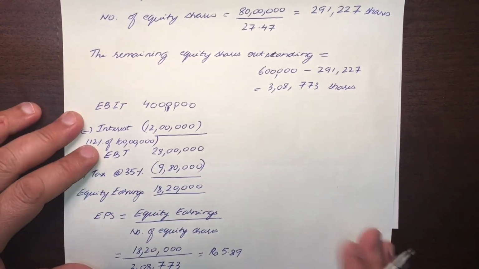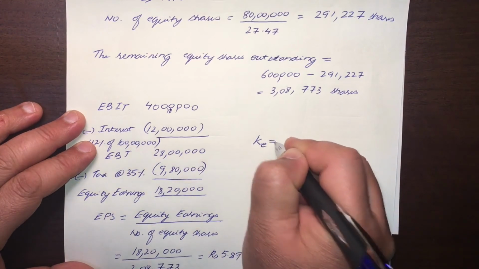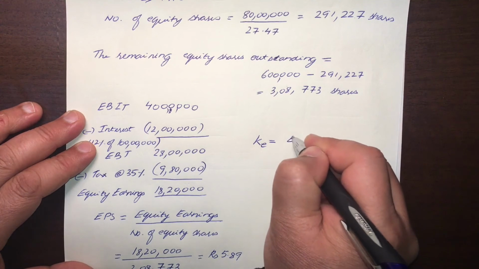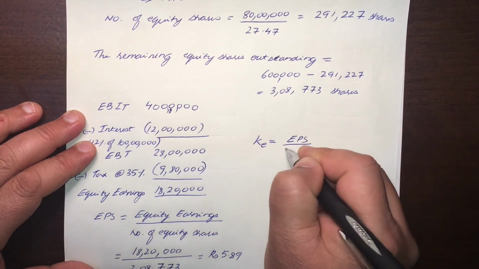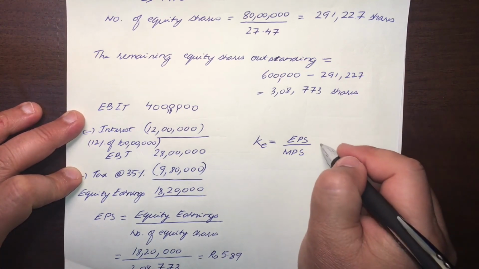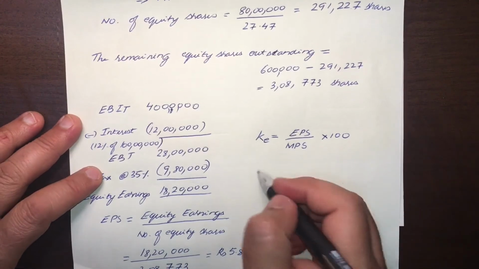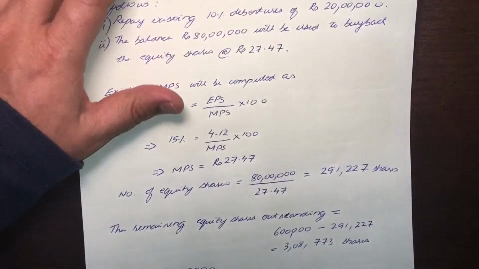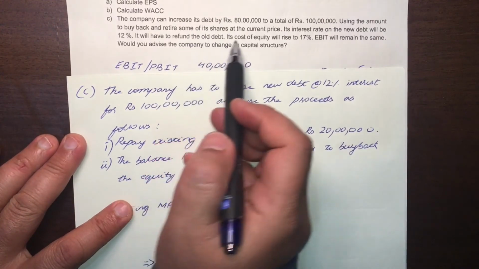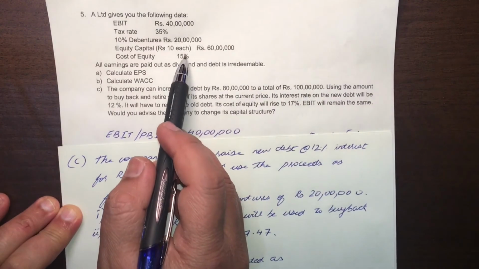All right. Now let's find out KE, cost of equity, using the earnings price approach. EPS divided by market price per share, into 100. Now what is the new KE? It's already given here in the problem. See, it will have to refund the old debt. Its cost of equity will rise to 17%. The existing was 15%.